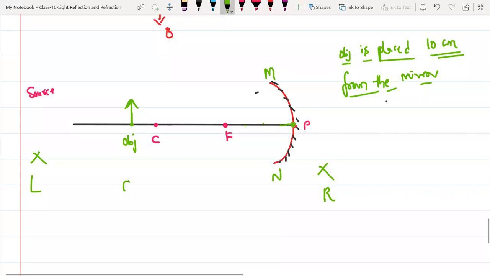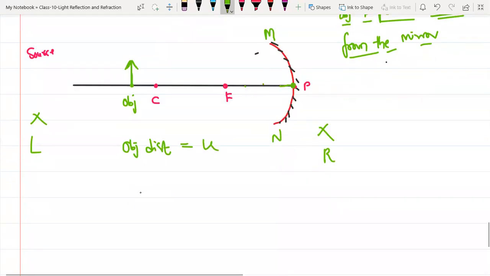Now, object distance is mentioned with letter small u. Okay, we know the second position: when the object is placed beyond C, the image is formed in between C and F, isn't it? In between C and F.